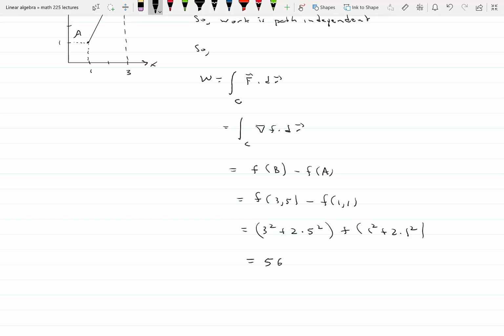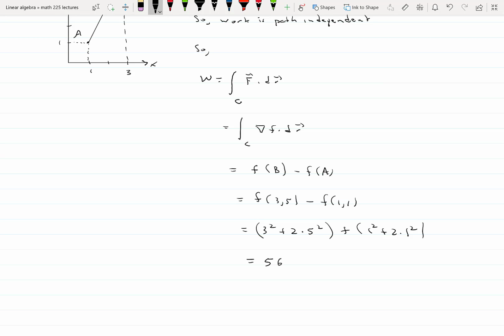We could have evaluated this line integral directly, ignoring the fact that we have a conservative field. You don't want to do that. A couple of things can happen if you ignore the conservative nature of the force field and try to evaluate the integral directly. Basically, the line integral could be very difficult, if not impossible, to evaluate directly.